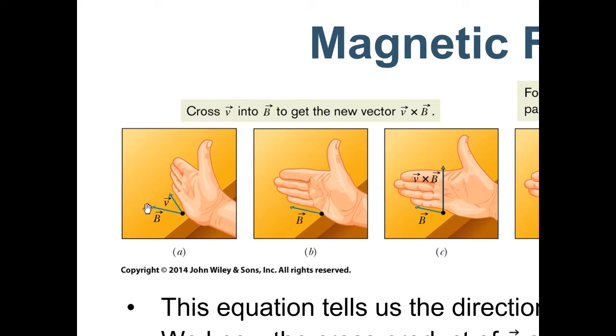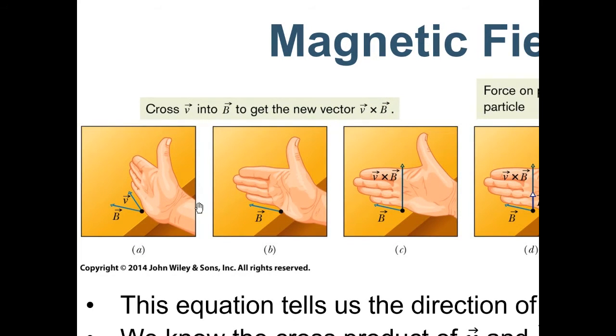So v cross B should point to the upper direction. You just use your hand to point to v and you cross to B. So your thumb will point to v cross B.